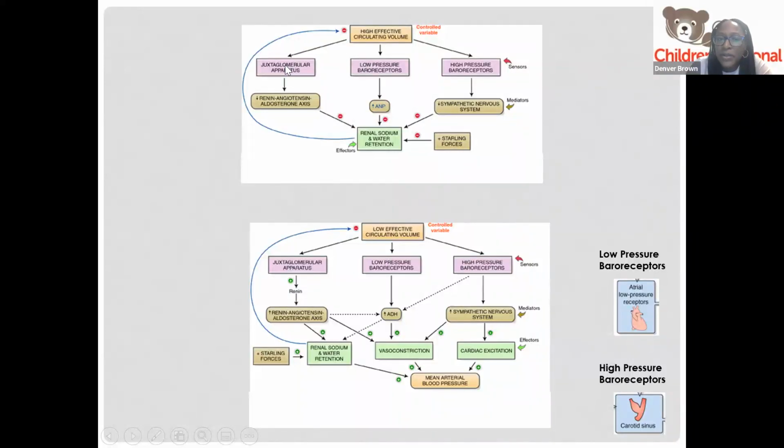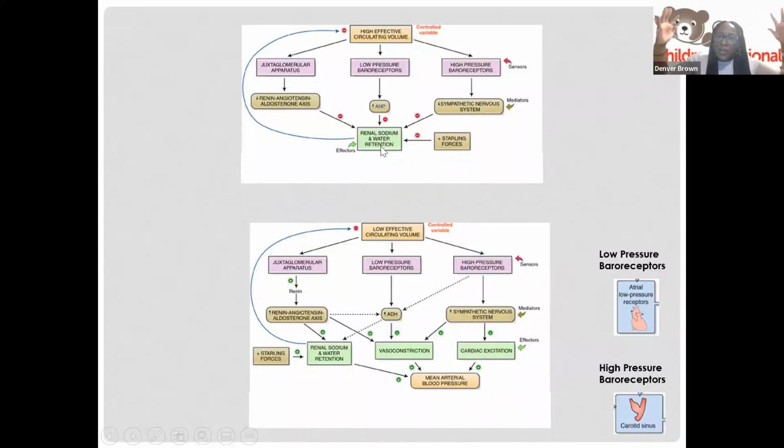For the juxtaglomerular apparatus, it decreases RAS activation. In the low pressure baroreceptors in the atrium, it increases atrial natriuretic peptide. And in the high pressure baroreceptors, it decreases sympathetic nervous system activity. And all of that acts to inhibit renal sodium and water retention.